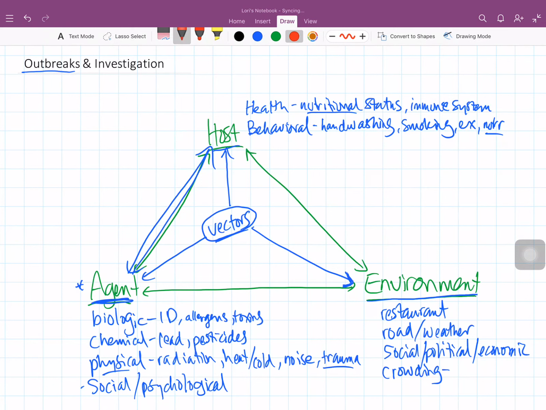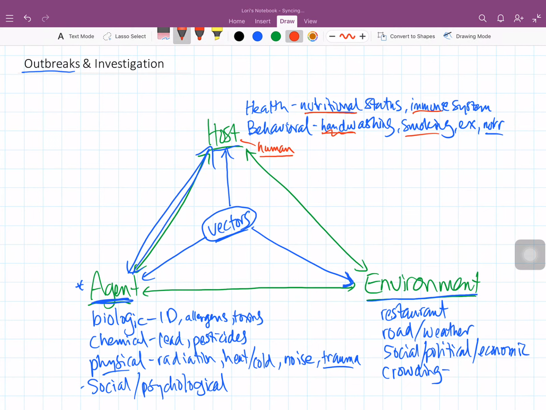For this example, the host is human. And there are all these factors that impact whether a person is much more susceptible to malaria or less susceptible. Hand washing, probably not quite so much, but to the extent that a particular person is susceptible to malaria.